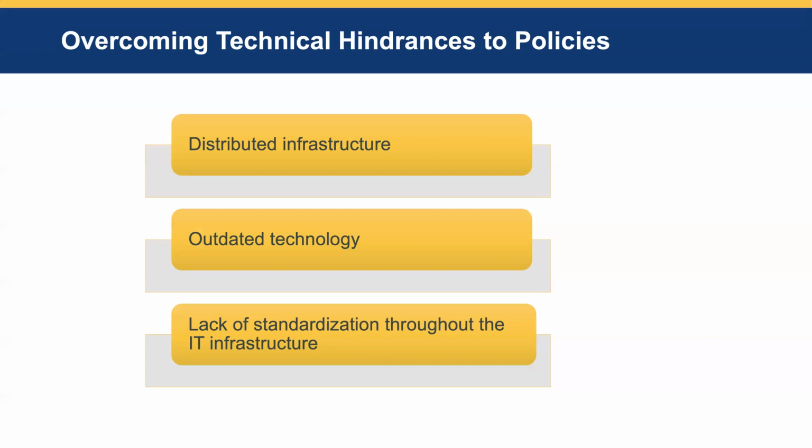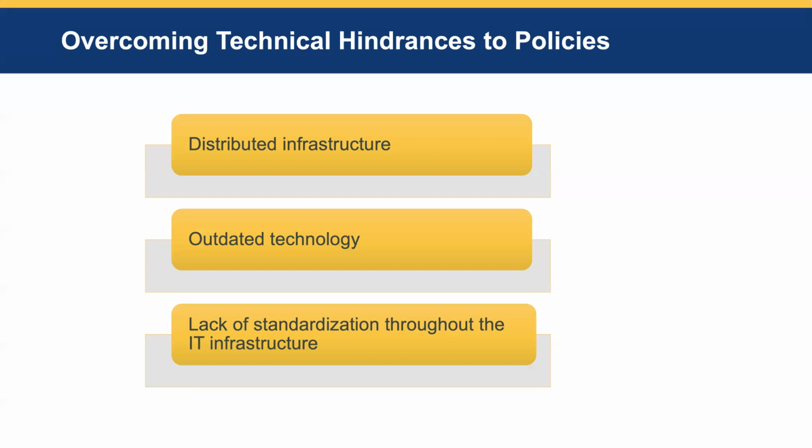If outdated technology is pervasive in the organization, then it needs to be addressed, and we can do that in four basic ways. We want to replace the outdated technology. We want to write security policies to best practices and issue policy waivers for that outdated technology. We want to write security policies to the lowest, most common standard so that the technology can support it even if it's outdated.